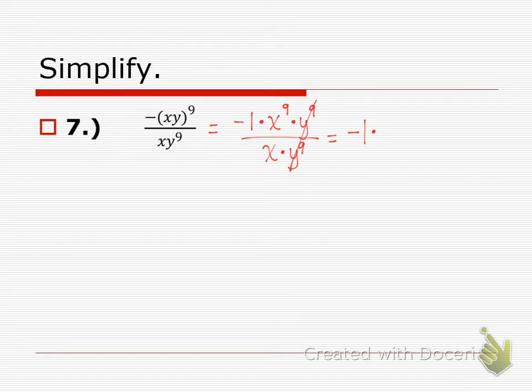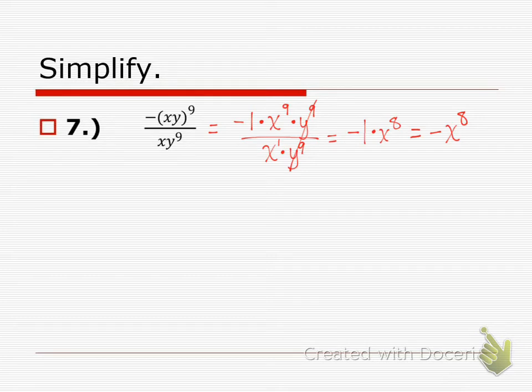What exponent is on the x in the denominator? A positive 1. When we divide the same base, what do we do with the exponents? Subtract them. 9 minus 1 is 8. You could leave your answer like that, or you could just write it as negative x to the 8th. Either way is fine with me.